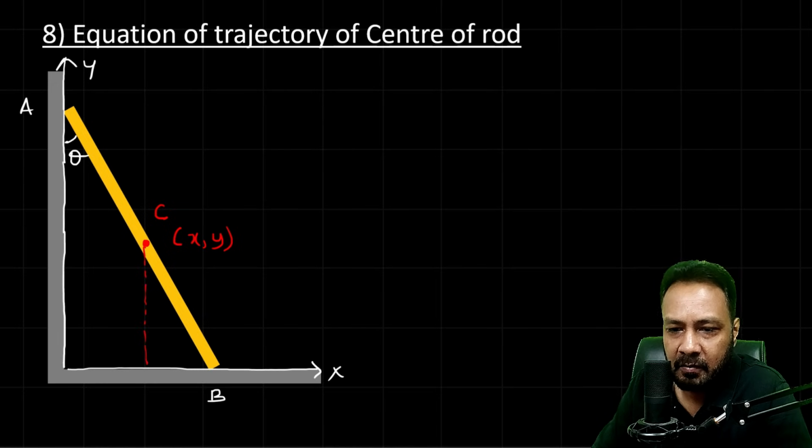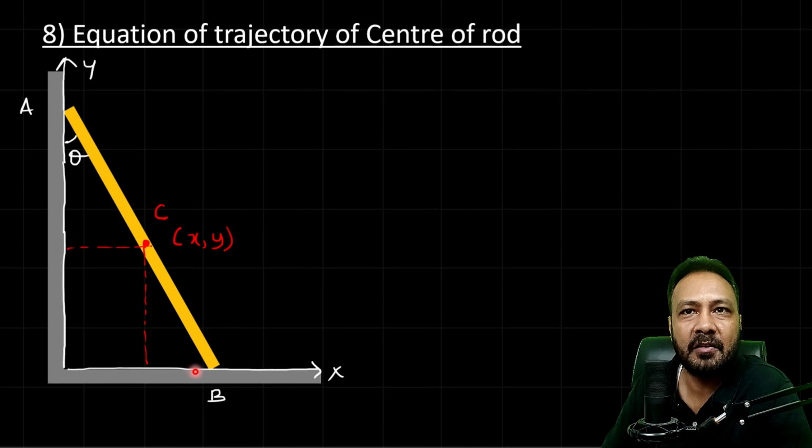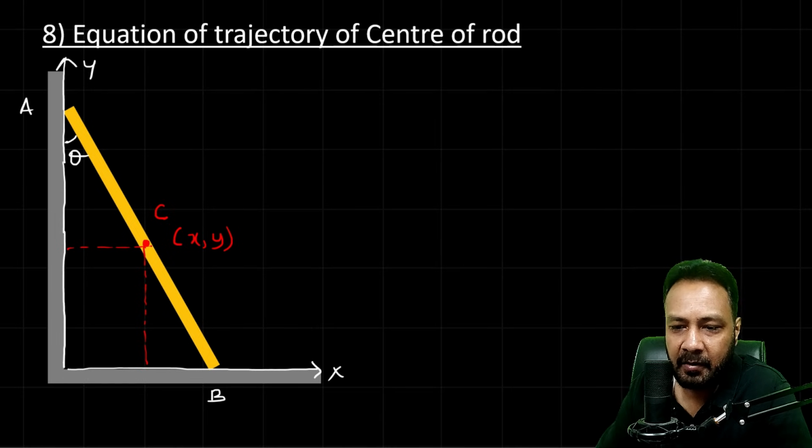If I join here and if I join here, so clearly this x coordinate, see that this triangle and this triangle are similar, so this length and this length are equal, and this length is L sine theta, so that is basically L sine theta by 2. Or directly I can write the coordinates.